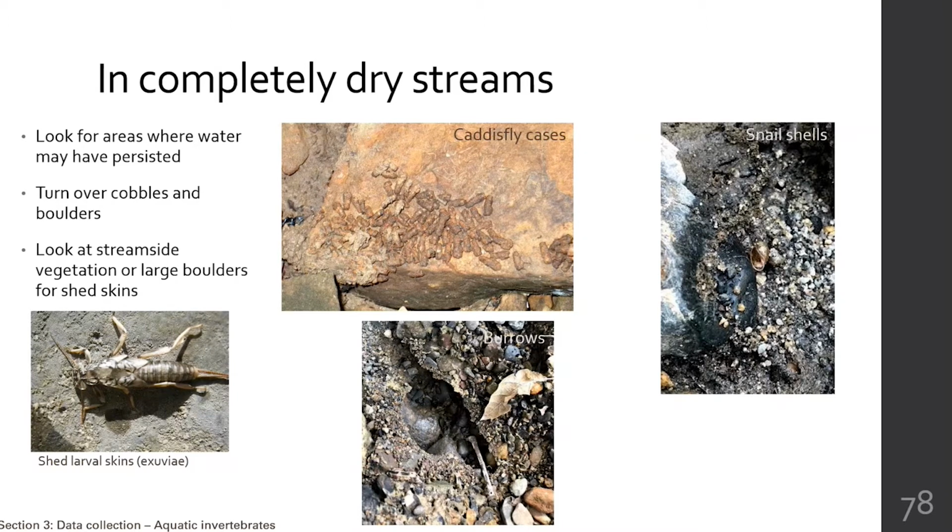If you look at the tops of boulders or vegetation around the stream, you might find some skins of larvae like dragonflies or stoneflies. And you might also find snails hibernating over the dry period in these areas with remaining moisture.